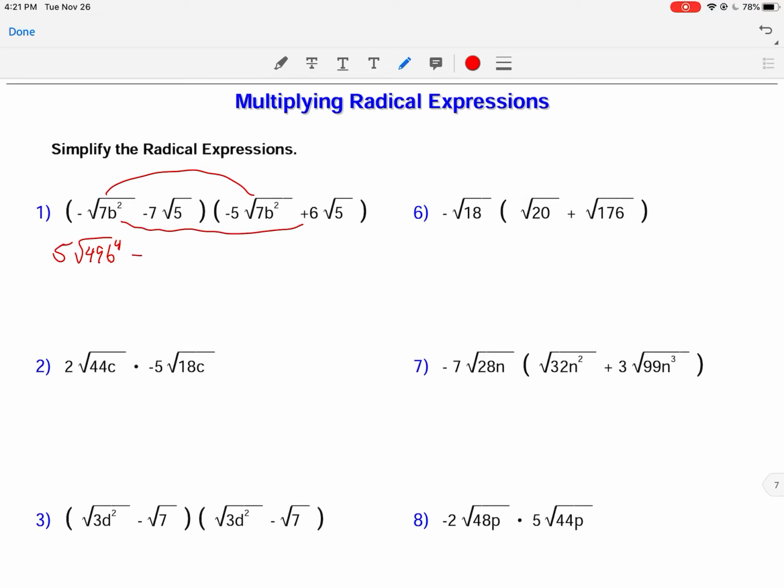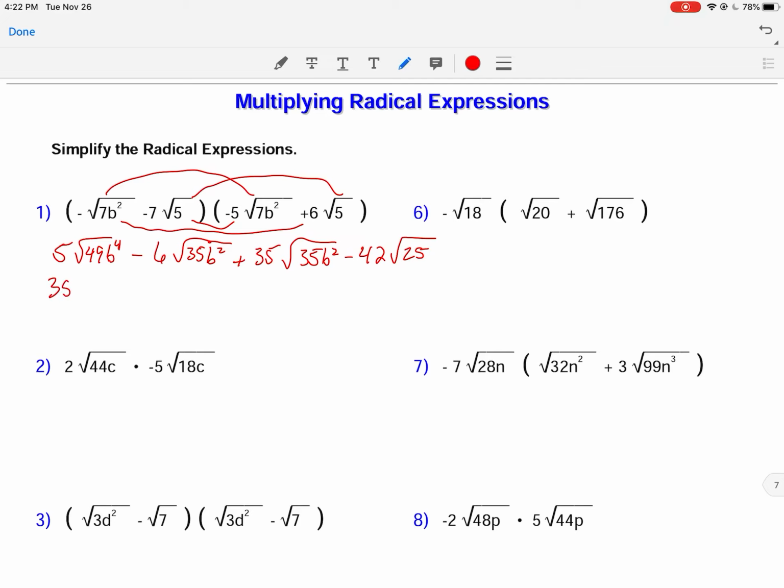And then outside, negative 6 times 35b squared. And here, positive 35 square roots of 35b squared. And outside, negative 42 square roots of 25. And we're going to clean all this mess up.